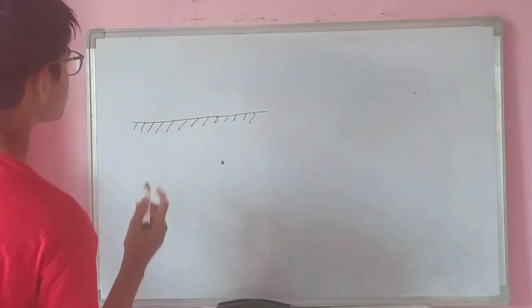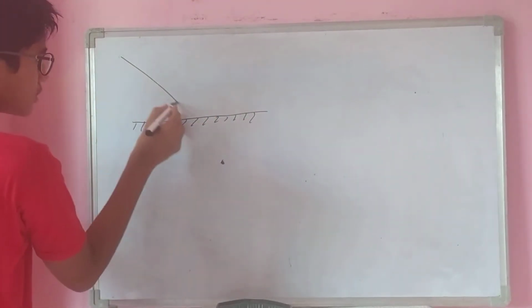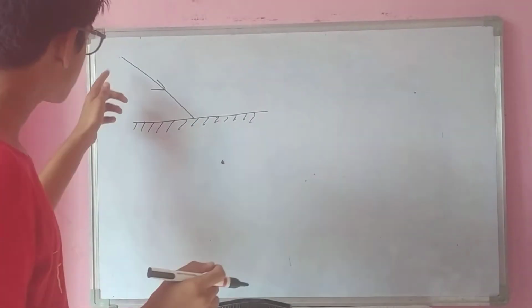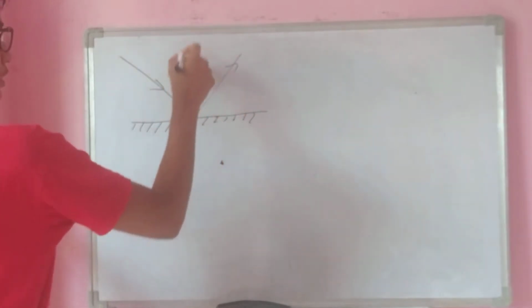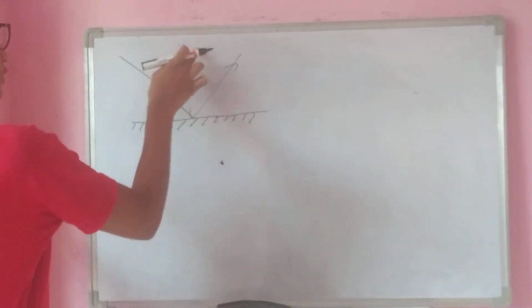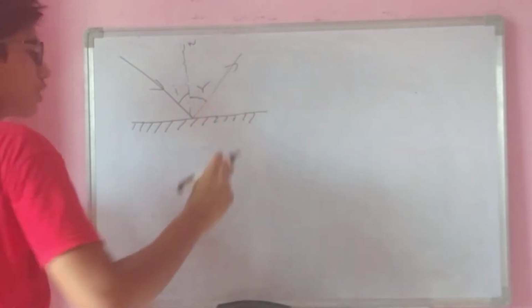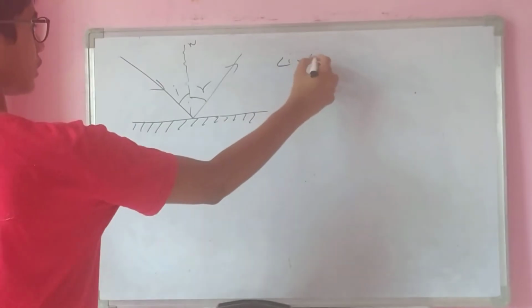Now, this plane mirror is incident with a light ray, and it got reflected like this. According to the laws of reflection, this is called the normal, this is the angle of incidence, and this is the angle of reflection, right? Angle i equals angle r.